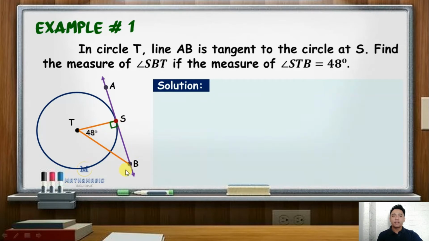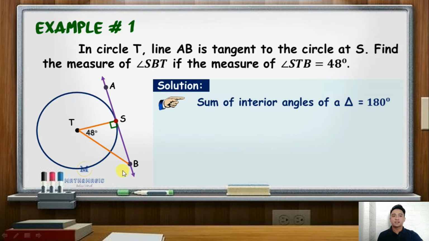Recall that the sum of the interior angles of a triangle is 180 degrees. Hence, we can say that the measure of angle STB plus the measure of angle TSB plus the measure of angle SBT is equal to 180 degrees.